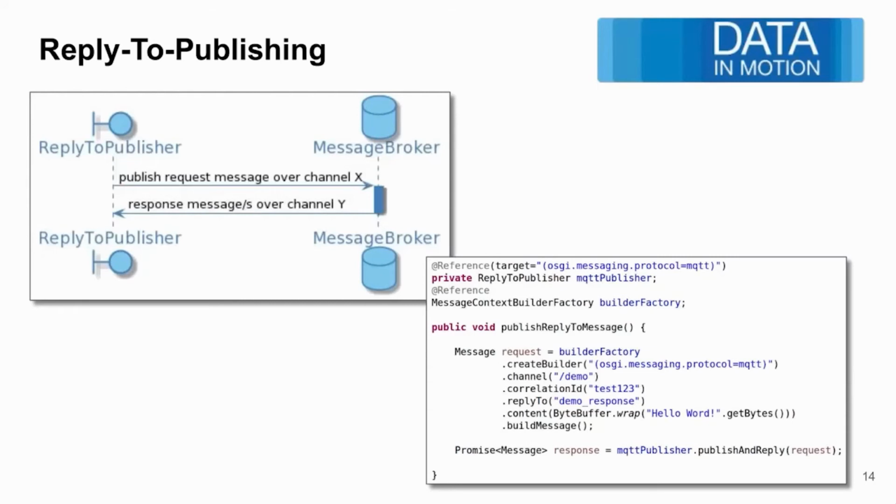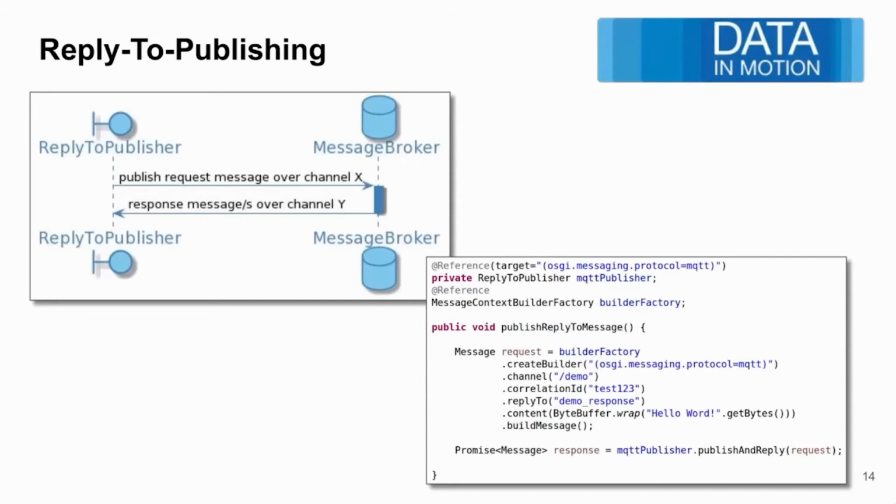And usually, besides the correlation ID, the request message may also contain reply-to channel information. This means that a response will be sent back over that second reply-to channel. This is a common pattern because in this behavior we talk about exclusive connections.